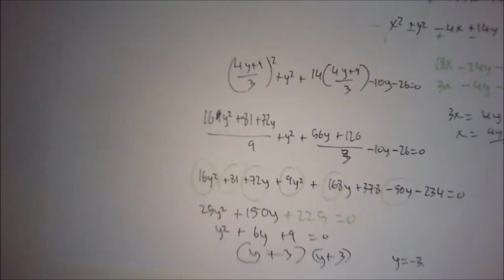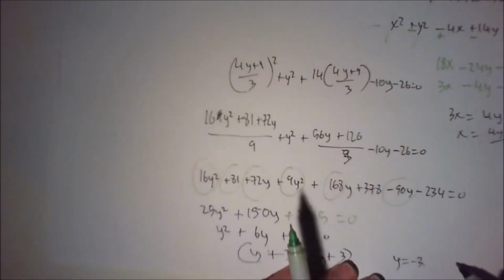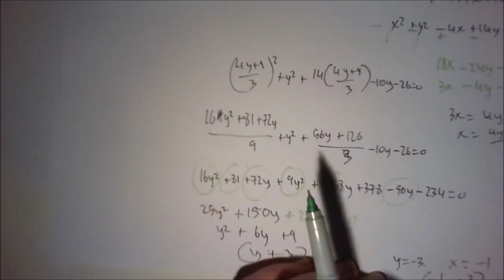So if y is equal to minus 3, how do I find my x? Well, I can go right back up here. y is equal to minus 3, x is going to be equal to 4 times minus 3, which is minus 12, plus 9, divided by 3. x is equal to minus 1. So it's minus 1 and minus 3.